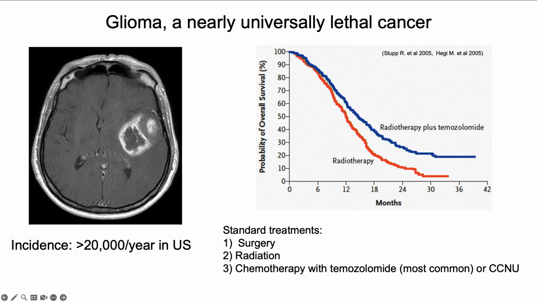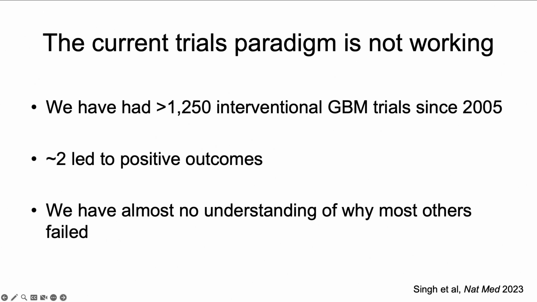With glioblastomas, on average, killing folks within 15, 18 months, despite our best treatments, which are surgery, radiation, and chemotherapy, the chemotherapy being standard alkylating agents, which haven't really changed for 20 or 30 years, right? So we desperately need to do better things for glioma, right? And the problem is, well, we've tried, right? We've done over 1,250 interventional glioblastoma trials since 2005.